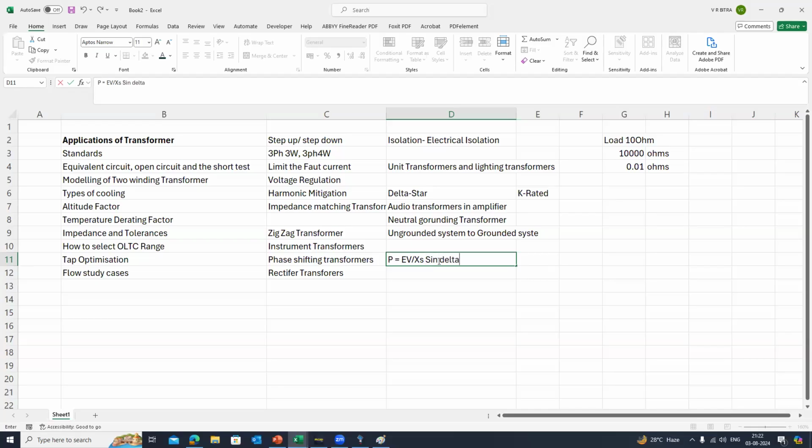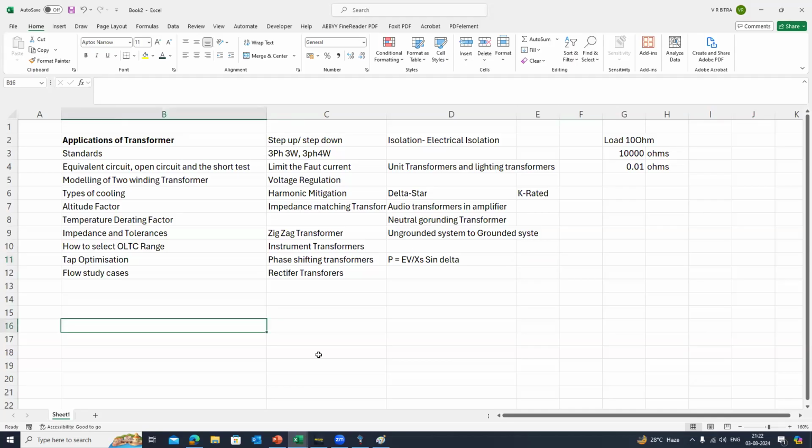So if you control this delta, the P changes. That's the purpose of the phase shifting transformers. With the help of the phase shifting transformer, they are able to manage the delta so that the power flow in the interconnected network will be increased.